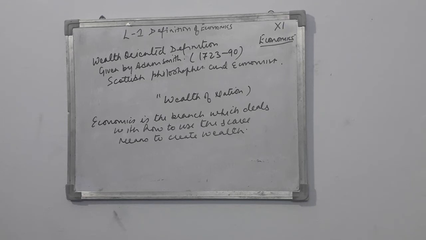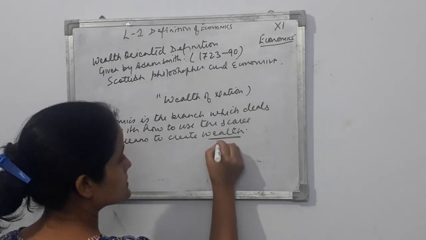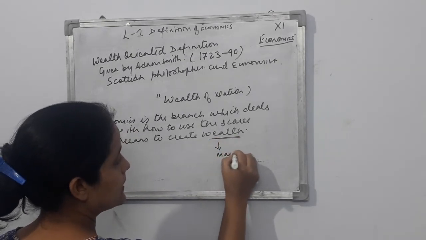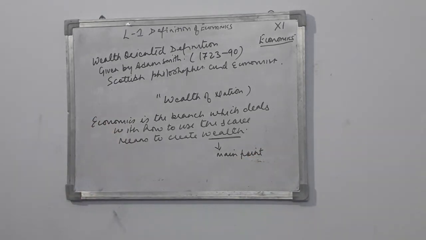Okay? Now, wealth has been made the focal point of economics here. This is the main point around which his whole definition revolves. What he said was that economics seeks to examine causes which lead to increase in wealth.